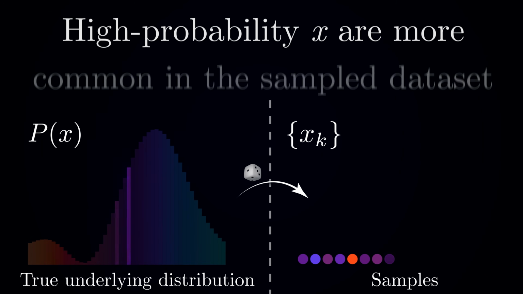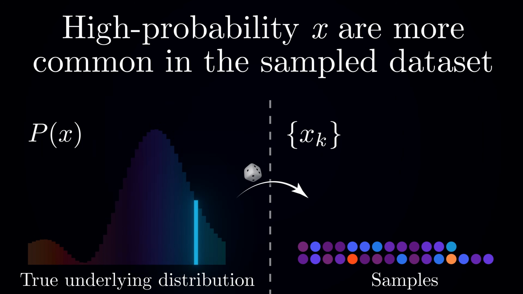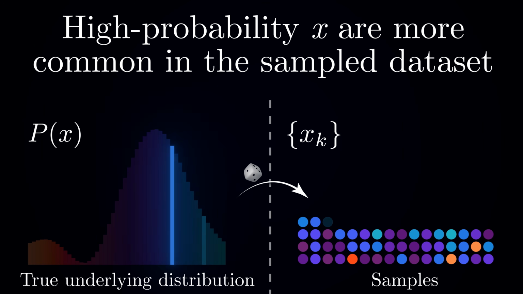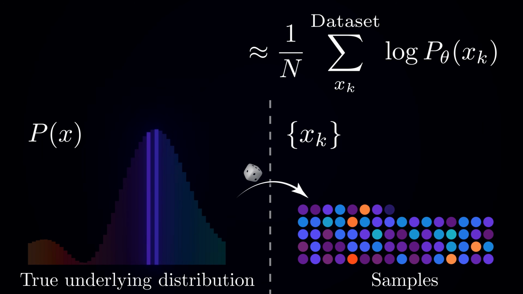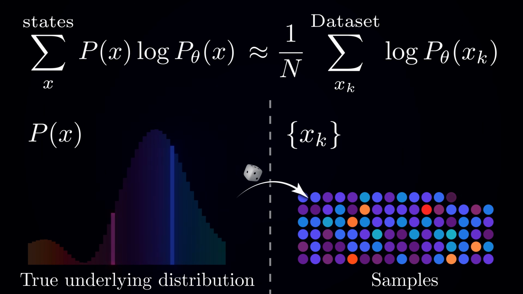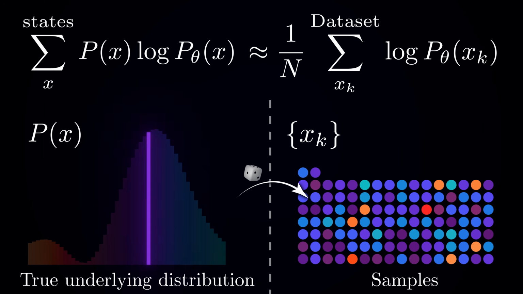Observations with high probability p of x will naturally be overrepresented in our dataset, as we simply encounter them more frequently during our data collection. When we take the average over our samples, these common observations dominate the result in exactly the same way as if we had taken the weighted average using the true probabilities.